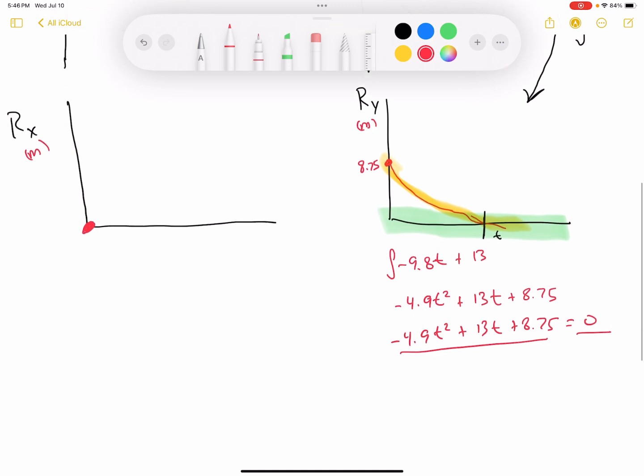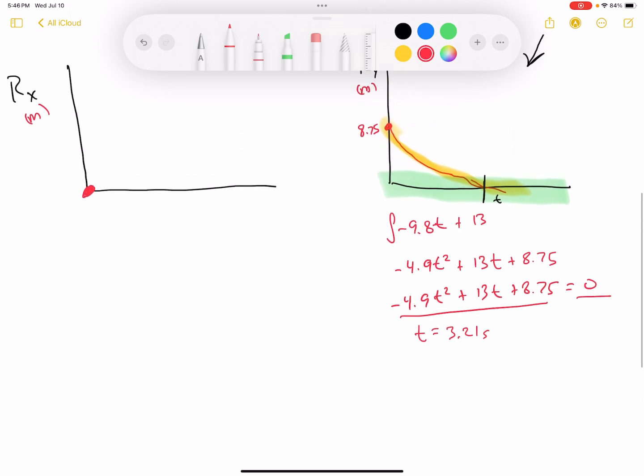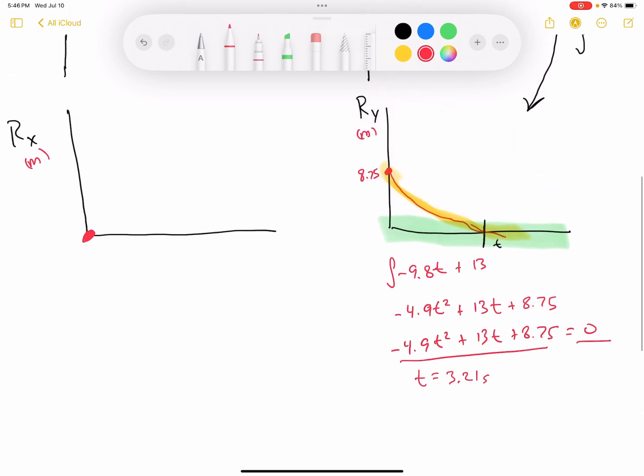And obviously, you can just solve this for t, and if you do, you get t equals 3.21 seconds. So if you solve for t, you get 3.21 seconds, and so then I can just backtrace that.